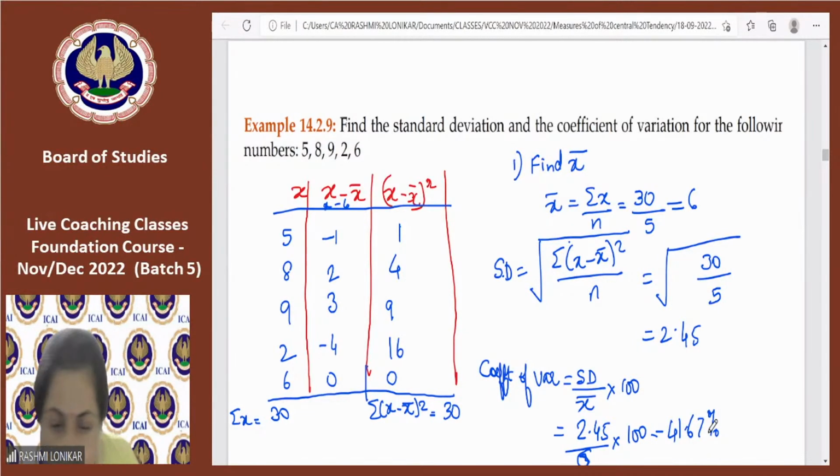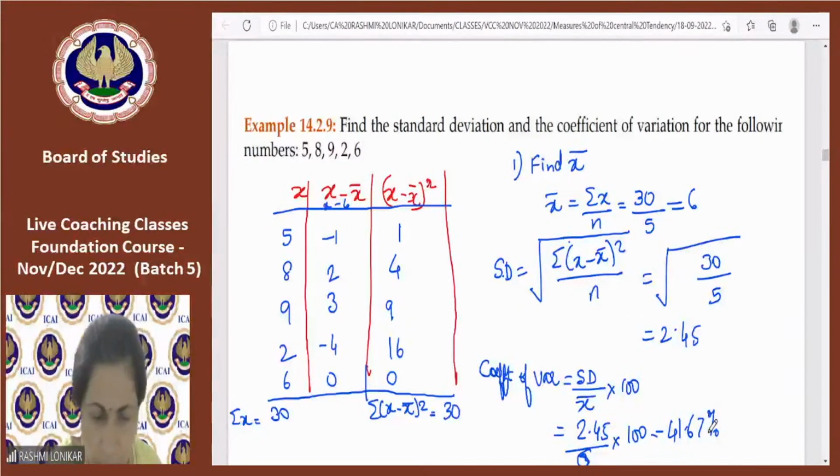Lumika, you've got 40.8. Others just see. 30 divided by 5 is this much. Square root is this much, into 100 is this much, divided by 6. 40.8. Okay. If you do it directly, then it is 40.8. If you have taken the whole figure, 2 point something something, it comes to 2.449.